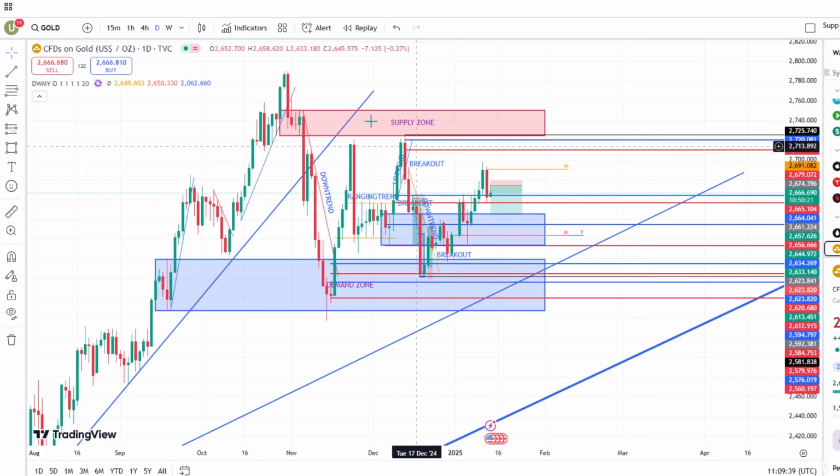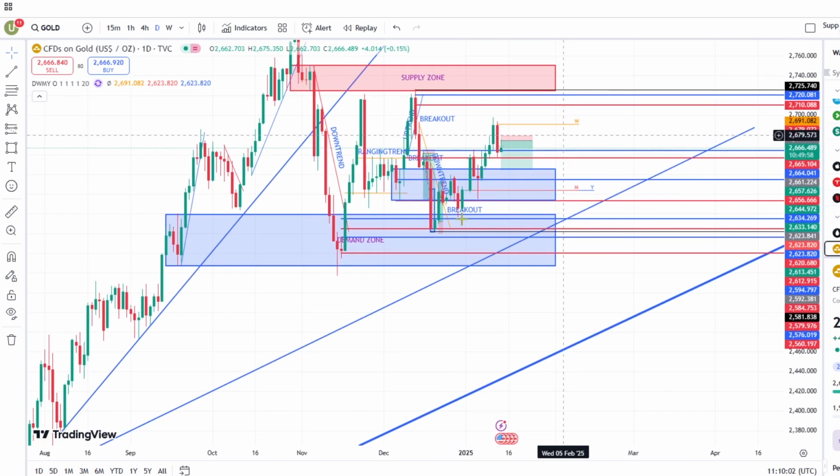As you can see, supply zone red, demand zone blue, meaning when the market hits the demand zone, it's going to react to the upside. And on this one, when the market hits the supply zone, the market is likely to react to the downside.